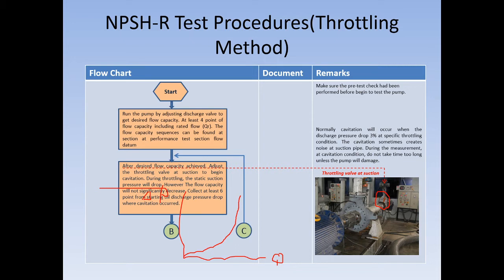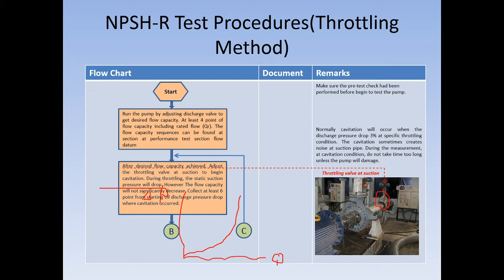So it's very easy for us to understand the NPSH required by throttling the valve at a specific flow capacity. On this graph, the arrangement is very simple.